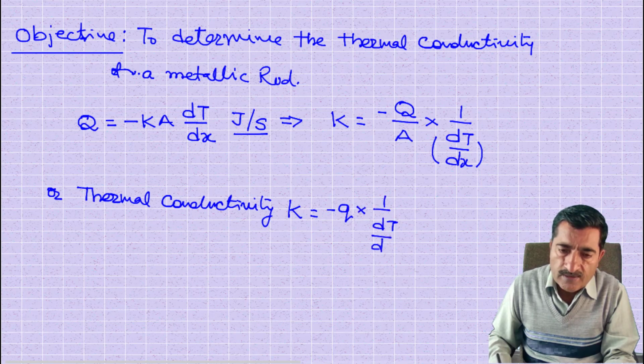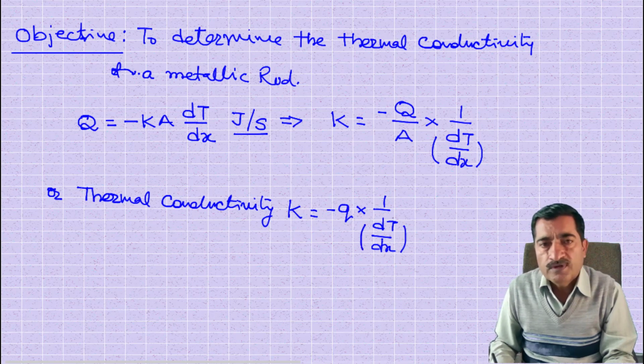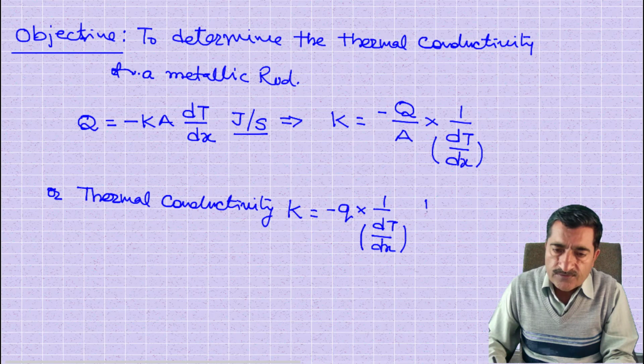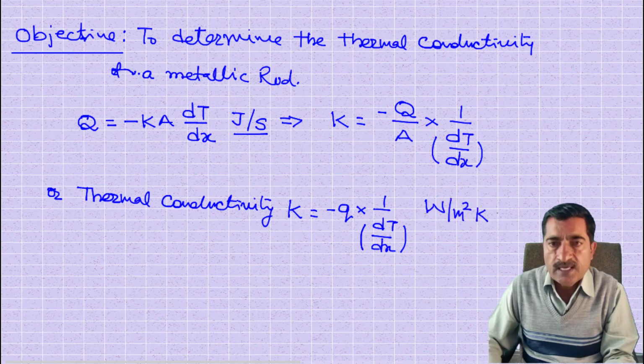The unit of thermal conductivity is W per meter Kelvin.